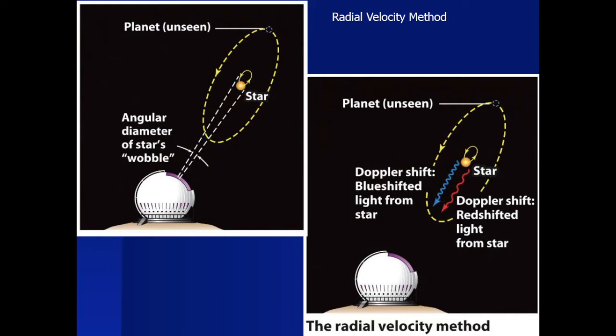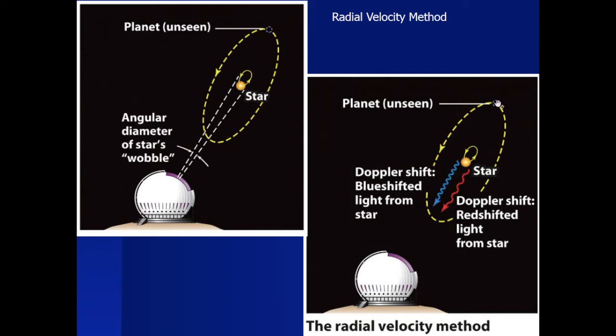So here's what this would look like from Earth. Let's say here's our telescope, and we're looking at a star. We don't see this planet because it's too small to see, but we can see the star. And what we notice is that the starlight is sometimes coming at us, meaning it's blue shifted, and sometimes it's moving away from us, which means it's red shifted. This back and forth shift or wobble of the star indicates to astronomers that the planet is gravitationally tugging on the star.